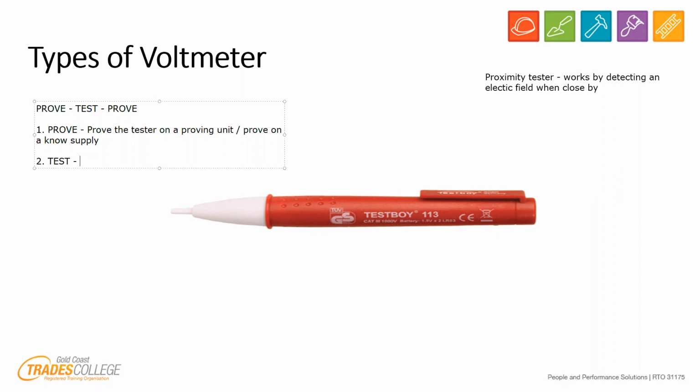So you test the cable or circuit that you want to work on to full voltage, to see if there's any voltage there. Let's say there's nothing there. Obviously, guys, if it lights up, then you've isolated the wrong circuit. I'm just going to add in there, isolate circuit.